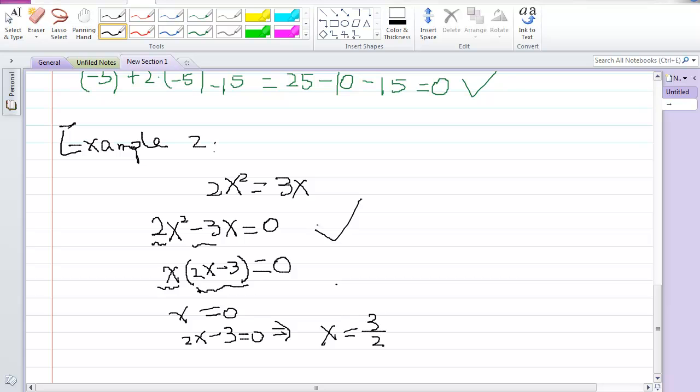You can't divide by 0 because it's undefined, and you're going to miss this solution right here, x equals 0. If you divide by x, you're going to have 2x minus 3 equals 0, but you miss this solution because you're dividing by 0. So when you're solving these kinds of equations, be careful about not dividing by 0 and don't lose a solution.